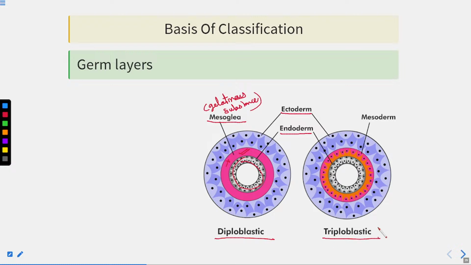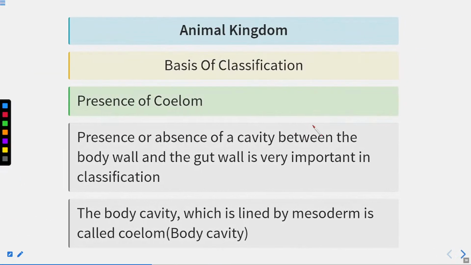Now if you see the triploblastic, they have ectoderm on the outer side, these are different cells, and in the same way endoderm, they are cells. But now here you can see the mesoderm also has a layer of cells. So that is why it is called triploblastic.